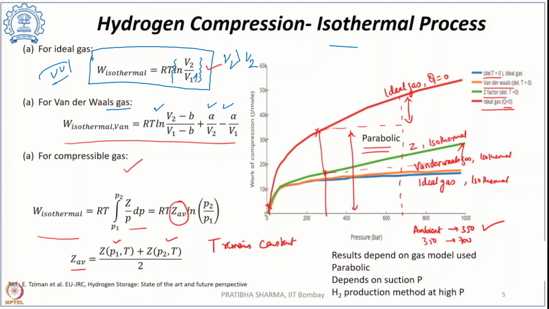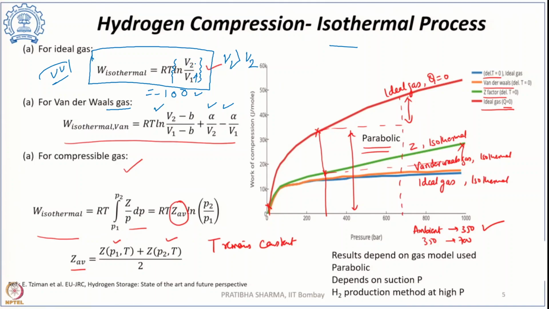The isothermal work done will be minus. If we calculate numerically, you will get a value like minus 100, which means you are giving work for compressing the hydrogen, because V1 is higher and V2 is lower.